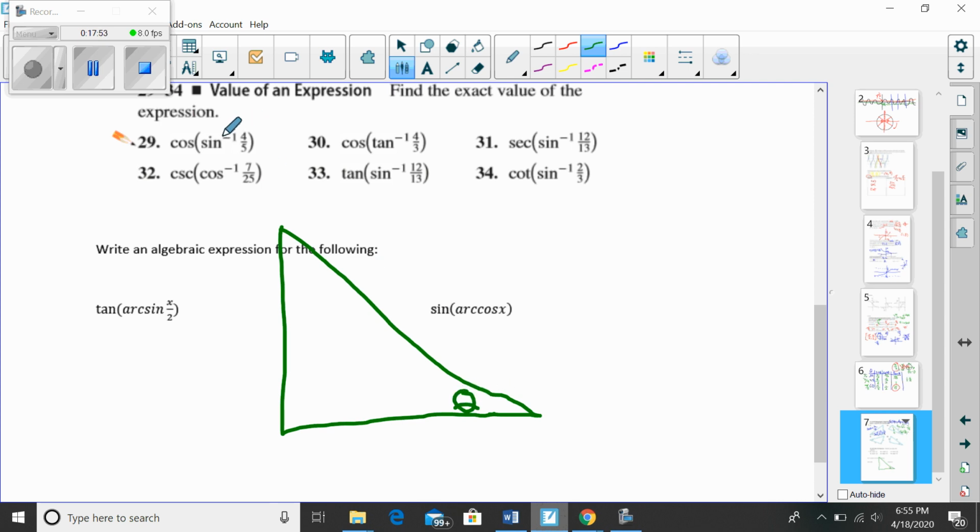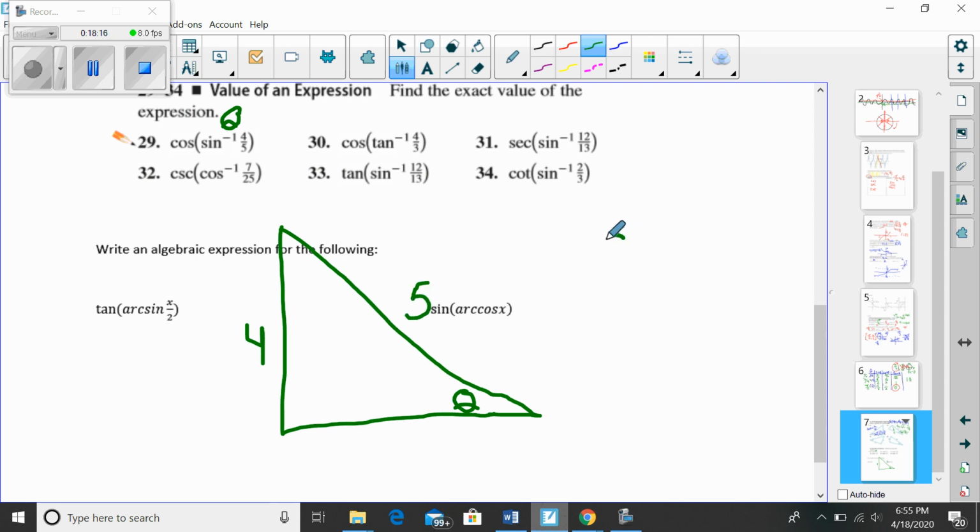What this part means is that the sine of some angle theta is 4 over 5. According to SOHCAHTOA, sine is opposite over hypotenuse.